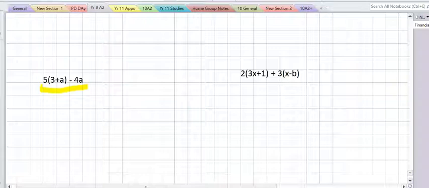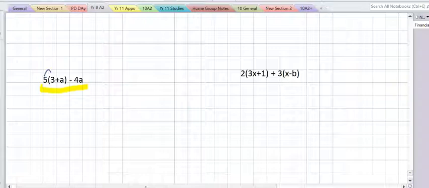Now, inside the brackets, 3 plus a, we can't really simplify that. They're not common terms, we can't add them together. So our next step is to multiply. And if we multiply 5 lots of 3 plus a, what's our first step? Bodhi, have a shot? 5 times 3.